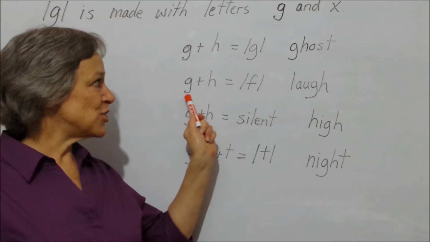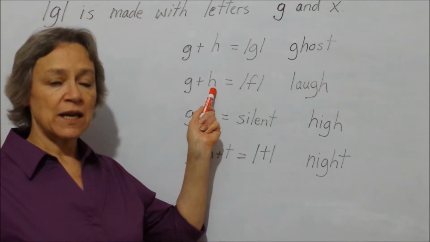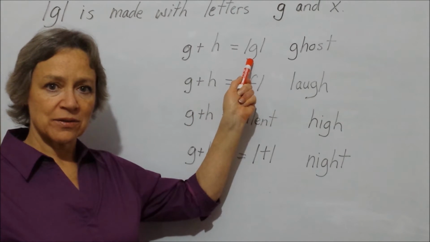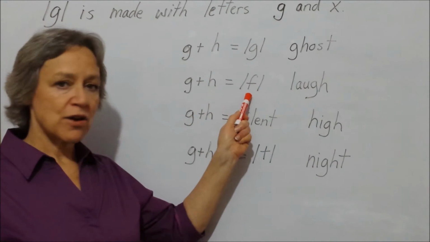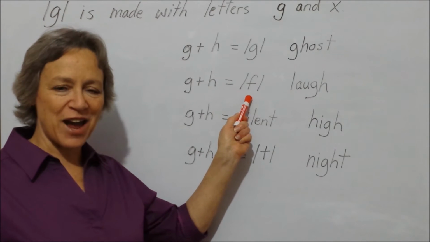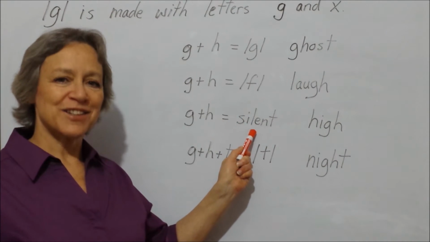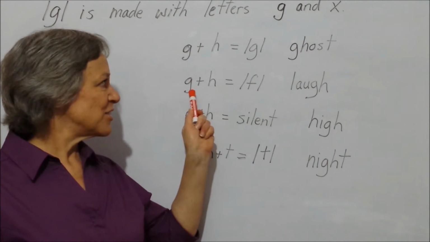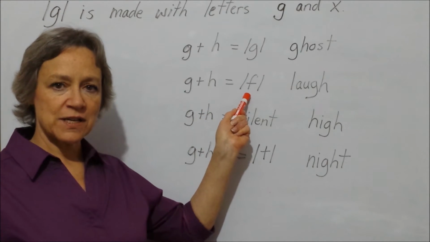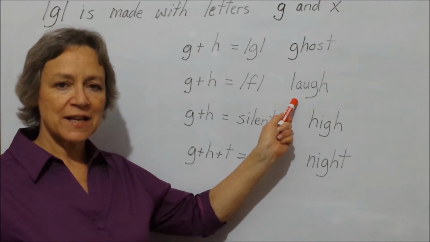However, when G plus H occurs at the end of a word, it usually does not sound like G. It can sound like the sound made by the letter F, or it can even be silent. Let's look at some examples. G plus H can make the F sound, as in the word laugh.